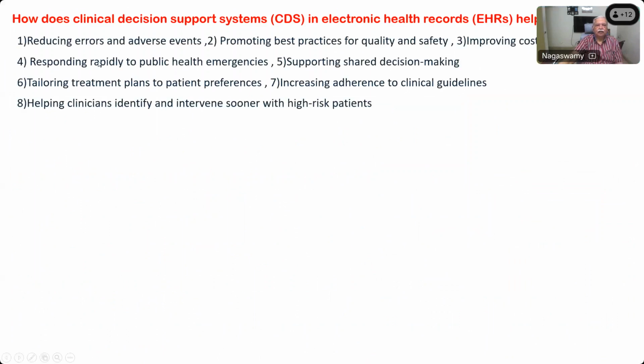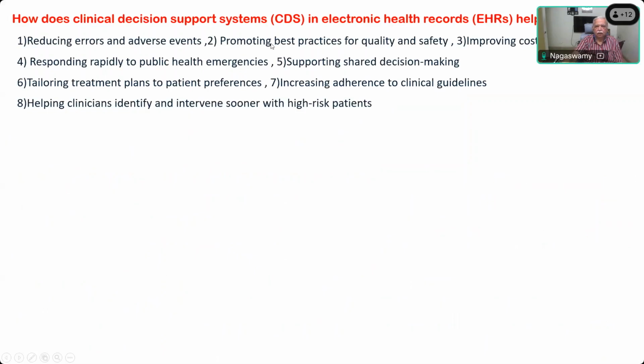How does clinical decision support system, CDS, in electronic health records help in patient safety? Are you all aware of these terminologies? Yes, sir. So it can reduce errors and adverse events.